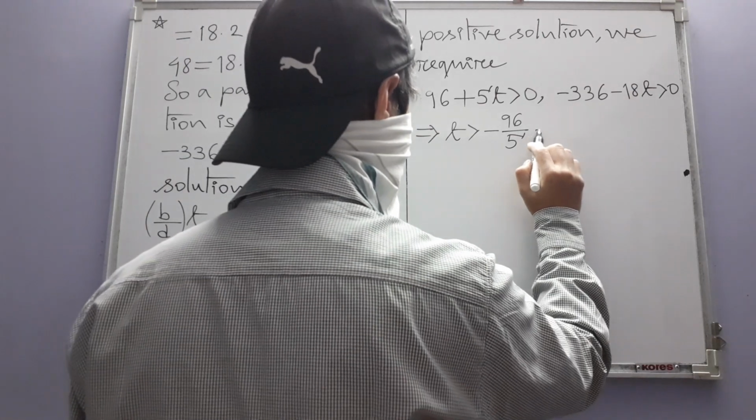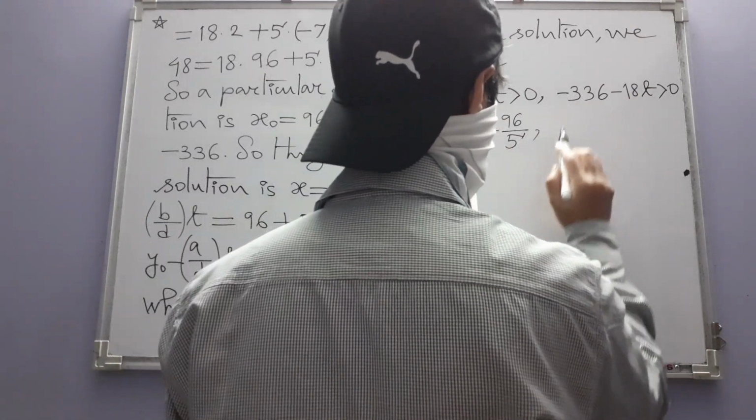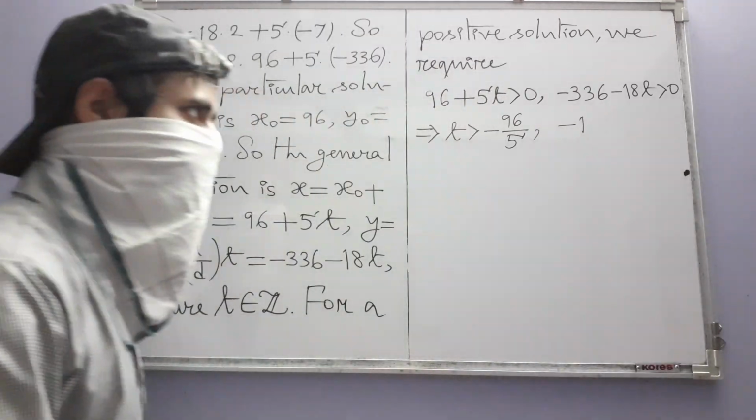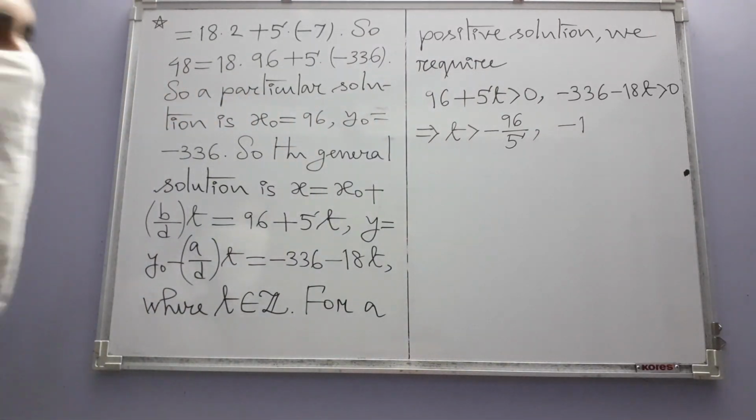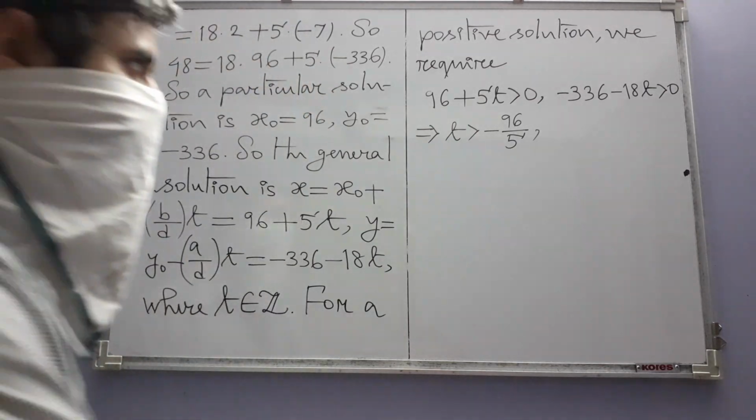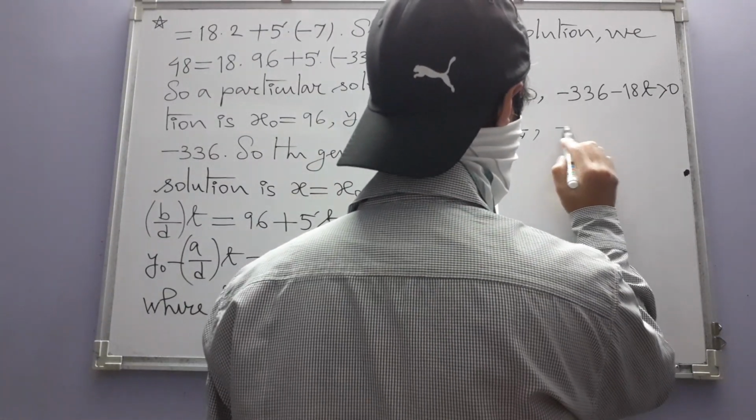And what about this one? Minus 18, you can, if you want, multiply on both sides by minus 1, or you can directly do like this.